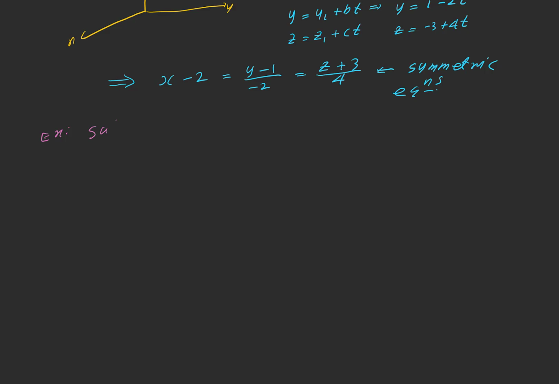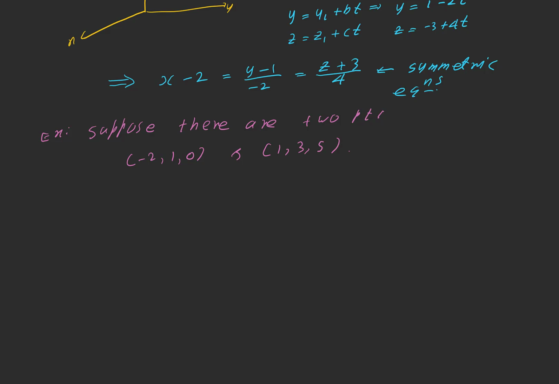Suppose there are 2 points, negative 2, 1, 0 and 1, 3, 5.